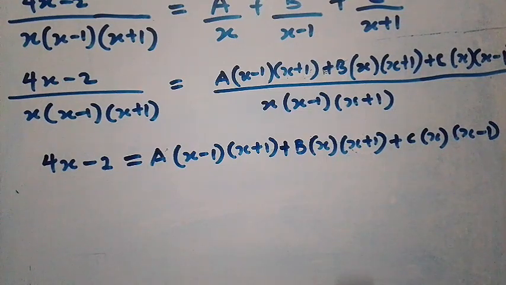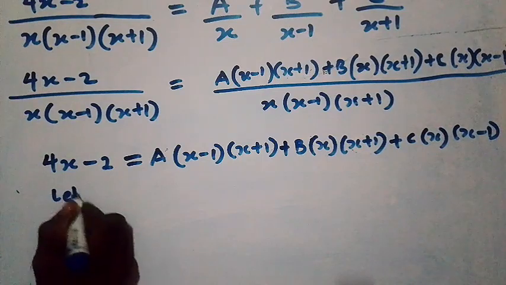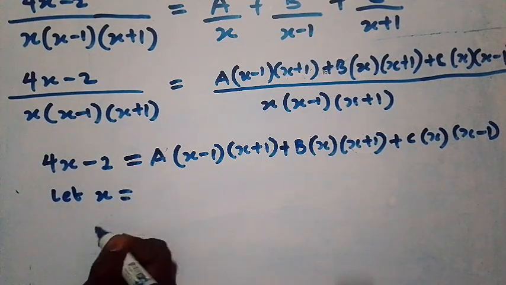In order to get the value of A, B, and C, we have to make two of those values 0 in order to find the last one. Let x equal 0.